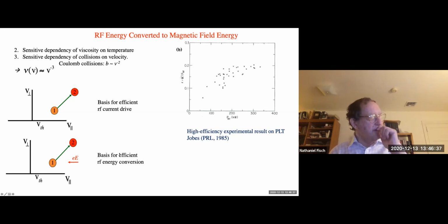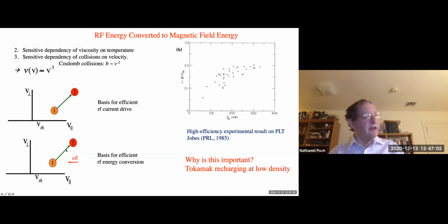And the reason is because when I push particles with a wave from space location 1 to space location 2, if I do it against an electric field, I'll put the energy into the electric field. If I do it against collisions, I'll put the energy into collisions. So if I work far enough out in velocity space where there are not so many collisions, I'll put most of the energy into the electric field.